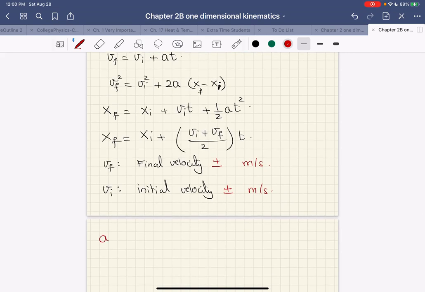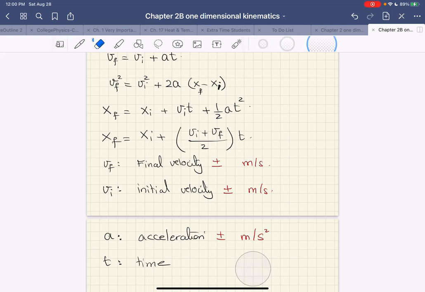A is acceleration, and it can be plus or minus, with units of meters per second squared. Now the only scalar quantity here is time, and time is always positive, and it has units of seconds.